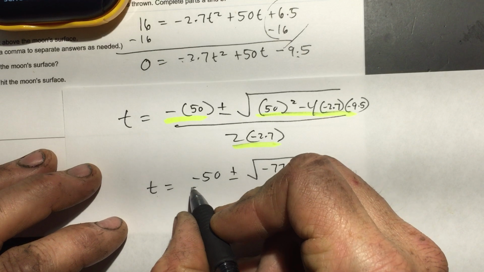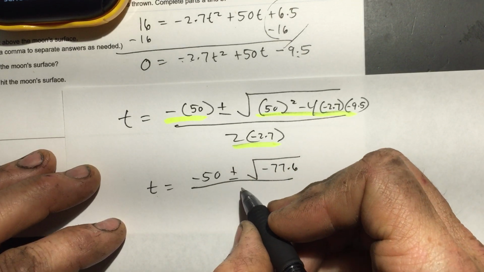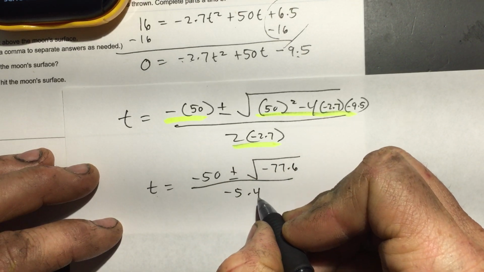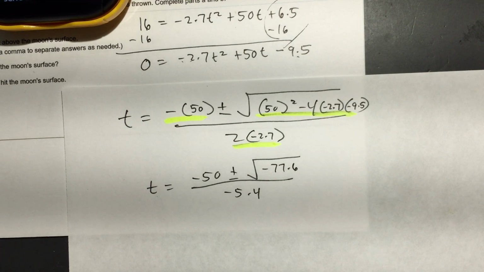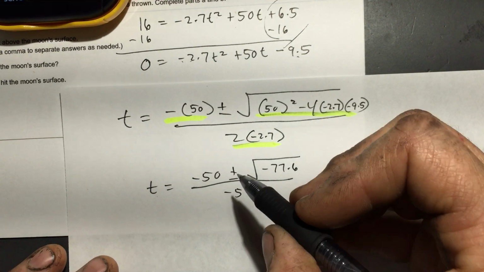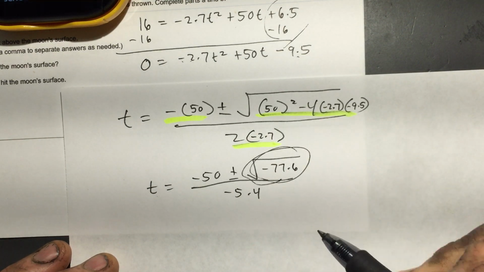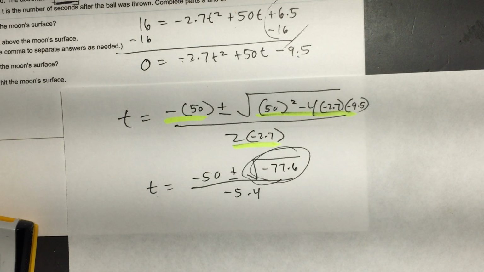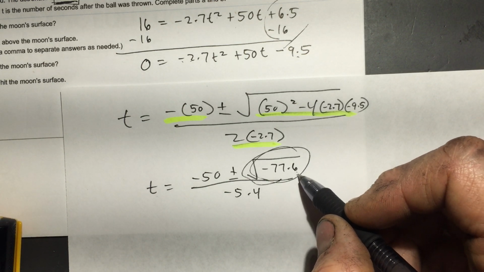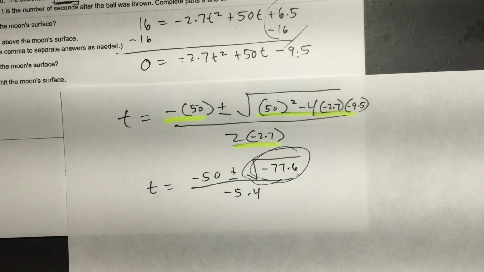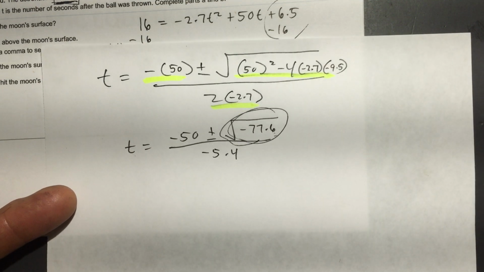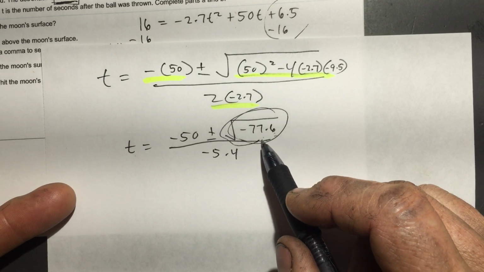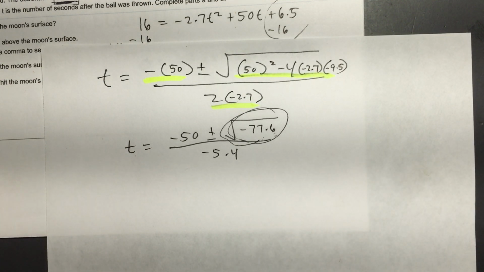And on the bottom, we're going to do 2 times negative 2.7, which is negative 5.4. Now, in this problem, we're trying to figure out what the time is that it hits that height. So we're going to have to just punch this in. There's no perfect square here. We're just punching it in because it does say round to the nearest hundredth.